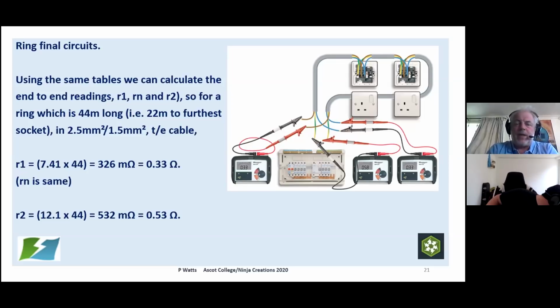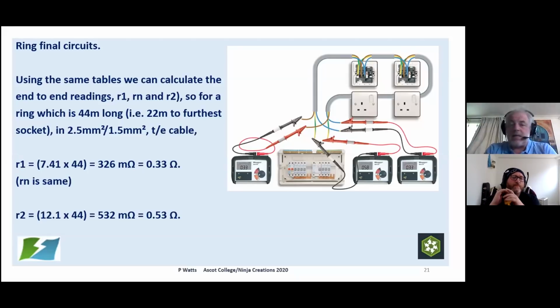For the R1, the resistance of the line conductor, we're going to use 7.41 from table B1. That's for a 2.5 conductor on its own. We're going to multiply that by 44 because it's 44 meters long. We'd be looking to get a value of about 0.32, or 326 milliohms, so about 0.33 ohms.